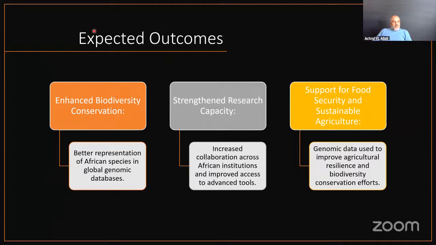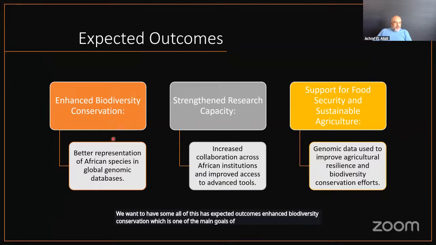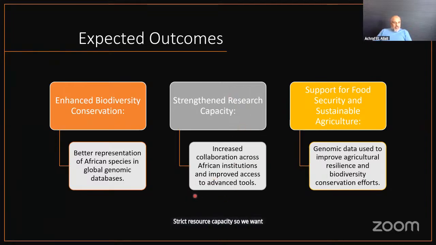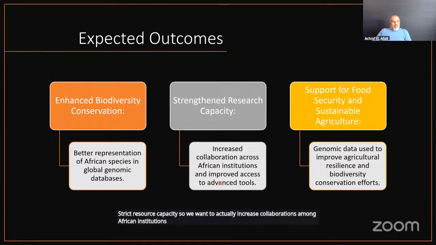All of this has expected outcomes: enhanced biodiversity conservation, which is one of the main goals of AfricaBP and of all our efforts as genomic researchers in Africa. Strengthened research capacity, so we want to increase collaborations among African institutions and improve access to the different tools and computation.